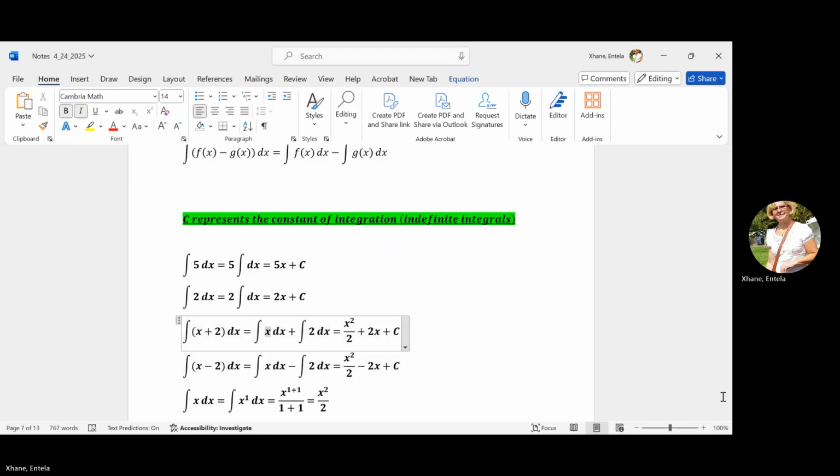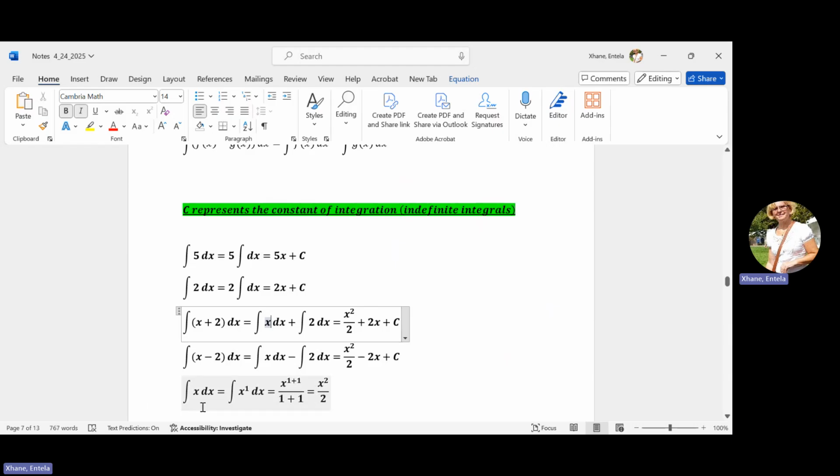You notice that I'm integrating x as x to the power 1 dx. And then if I integrate it, according to the power rule, I add 1 to the exponent, divide by the same number. So that means x squared over 2. So I get x squared over 2 plus 2x, because the integral of dx is x, plus c.